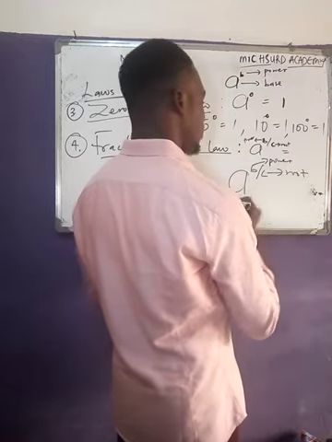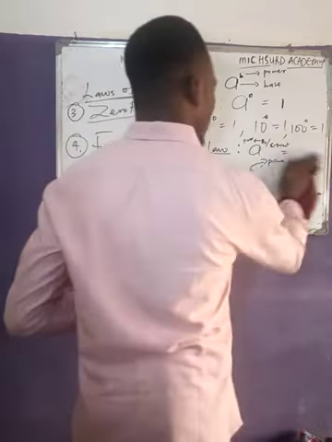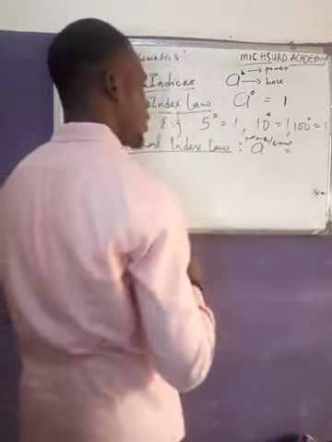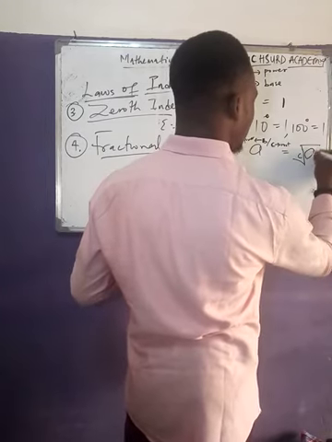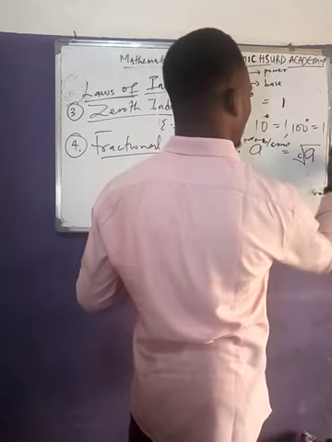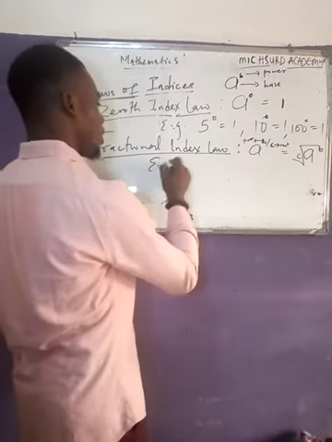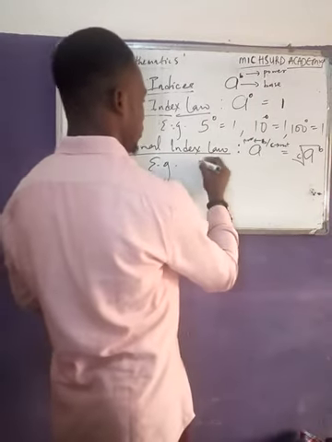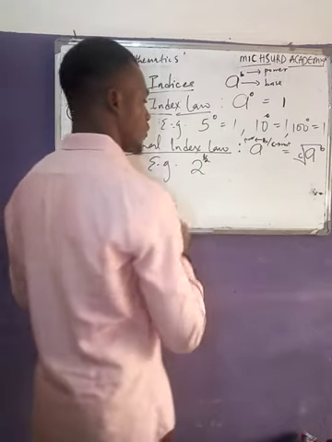Alright, so what it means is that our answer or the result will be the c root of the base a raised to power what? B. Now for example, I'm giving 2 raised to power half, that is 1 over 2.